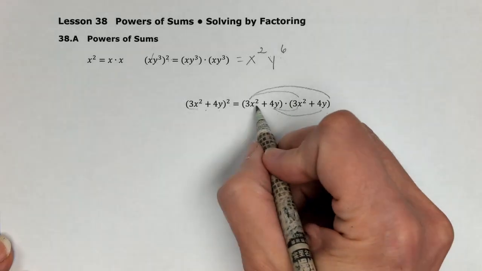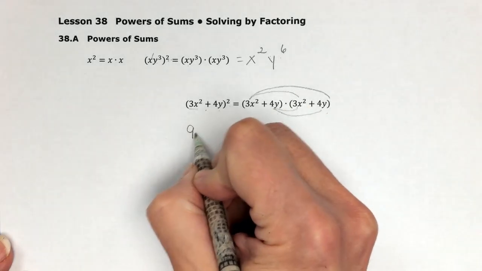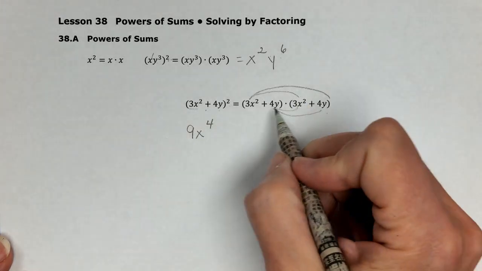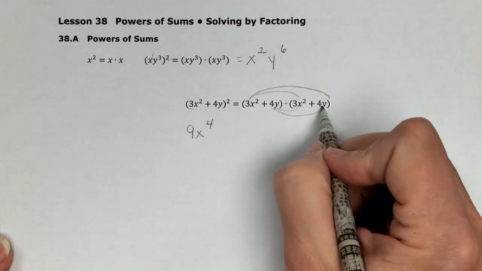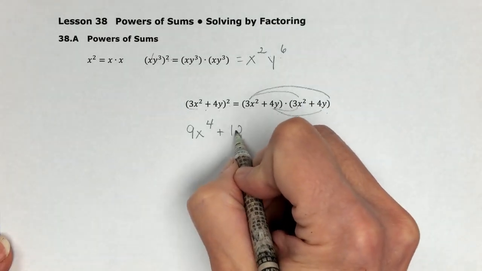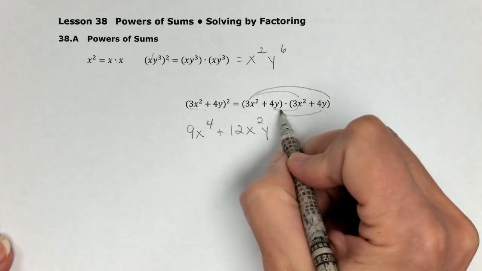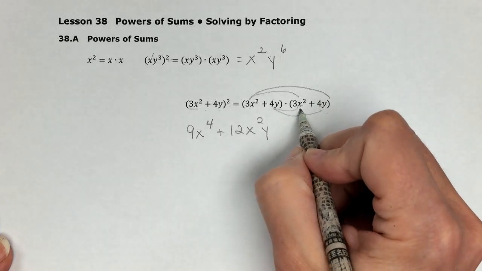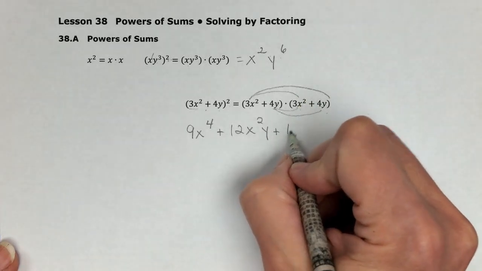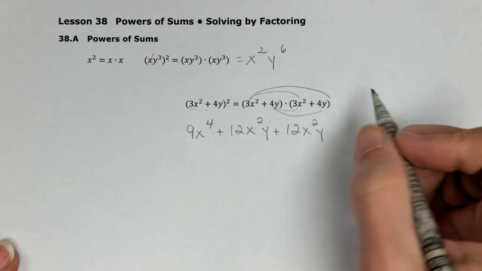That is 9x to the 4th. We take those two, and then 12x squared y. And then we take 4y times this 3x squared, we get another 12x squared y.